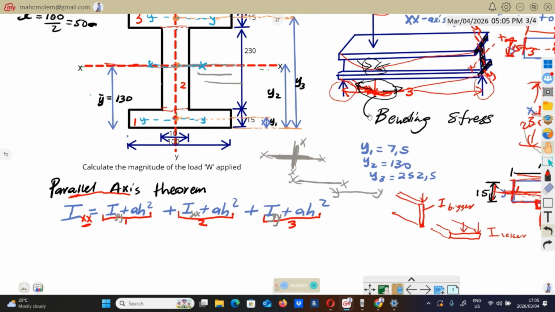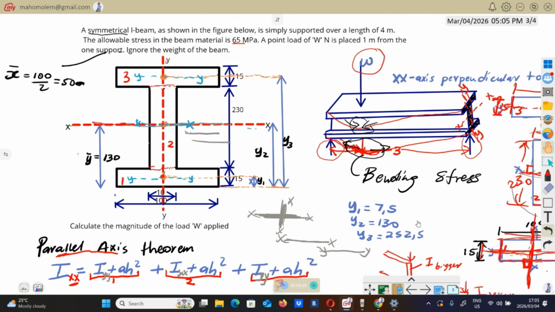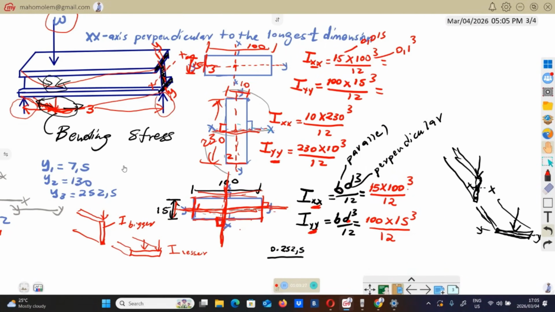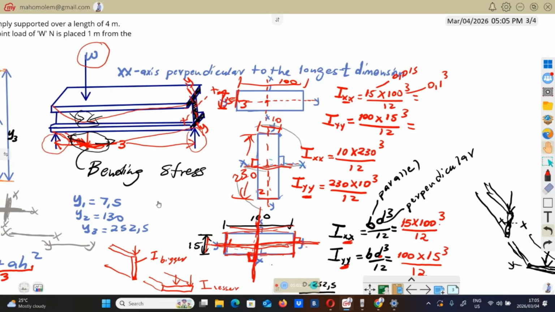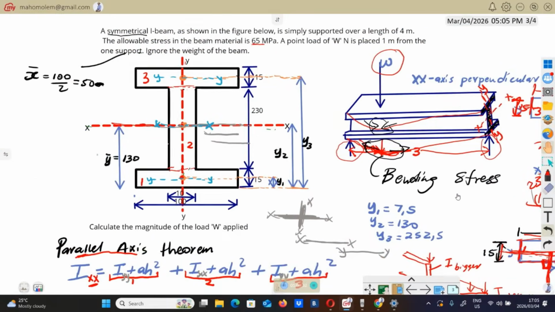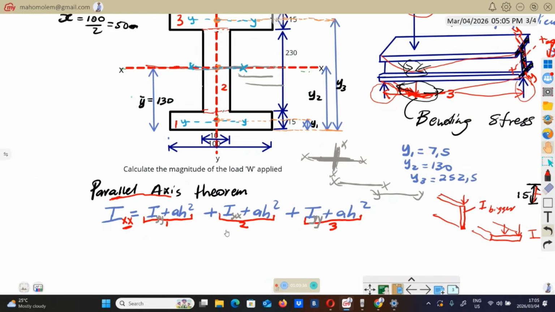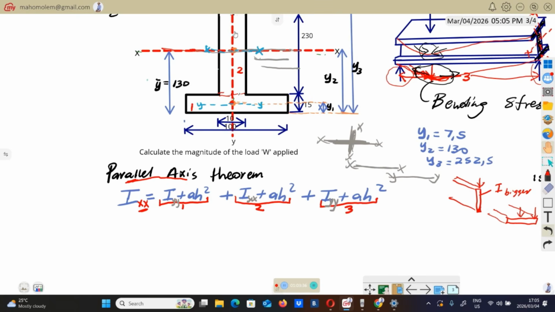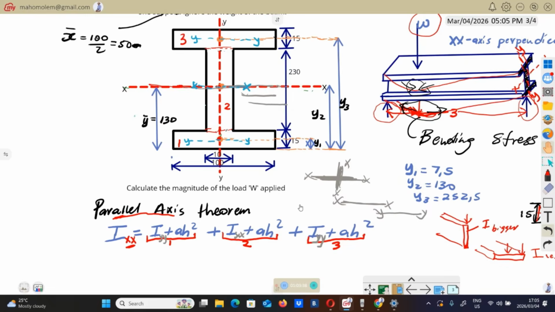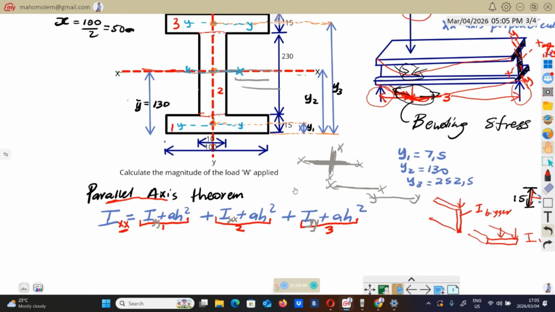You calculate IXX of the composite. These are the IXX and IYY of this rectangle separately. So now we have to find the IXX of the composite, those 3 boxes combined.